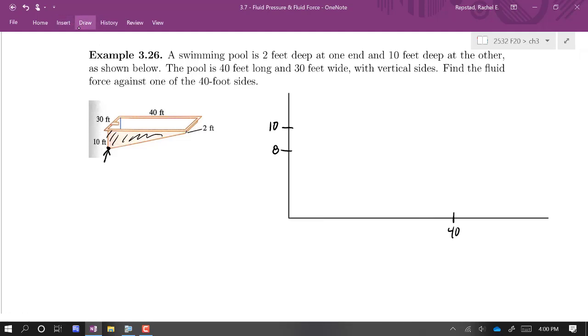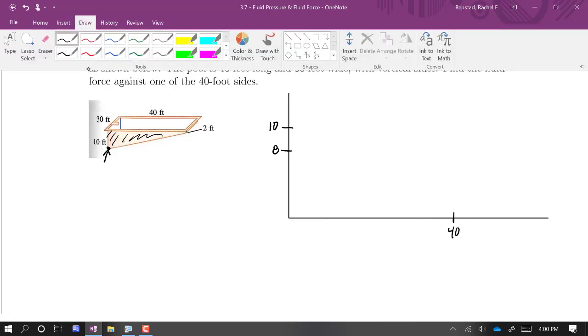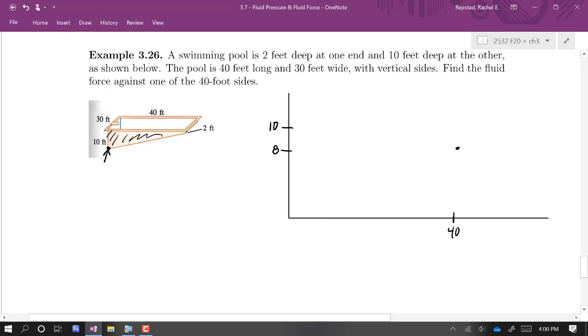So this slanted slope goes from the origin up to this point there. So there's the 2 feet deep at one end, 10 feet deep at the other.